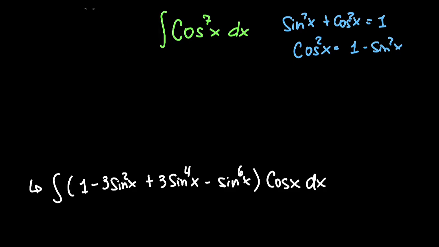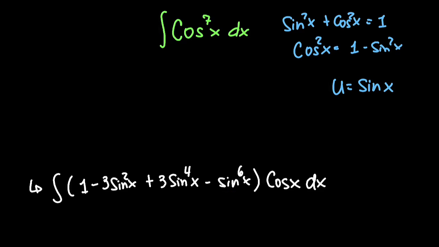Now that we have this, you can see that we have a very similar common term. So let us try to use u substitution. Whenever you're dealing with u substitution, it can make things simpler as long as you know its derivative. So let's let u be sine of x. Typically when dealing with u substitution on trigonometry, you must use it only on the trigonometric function, not including its power.